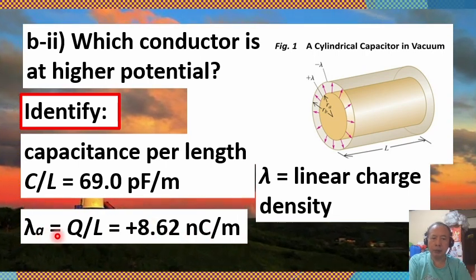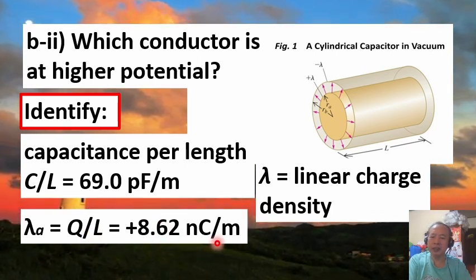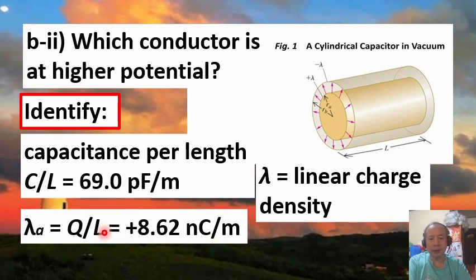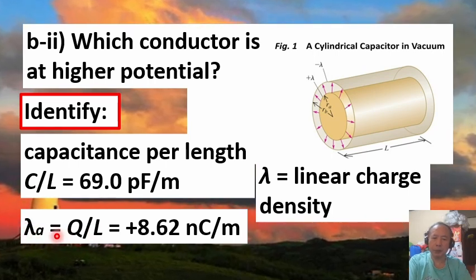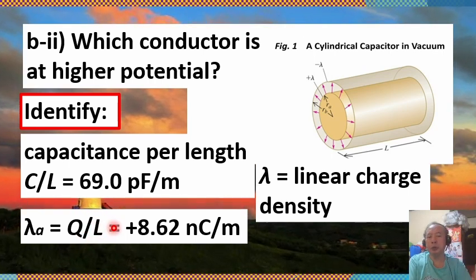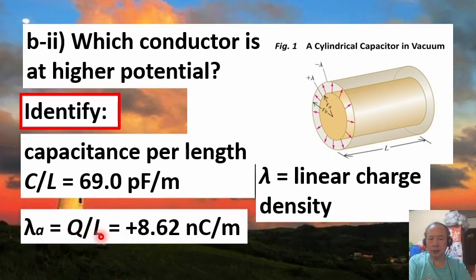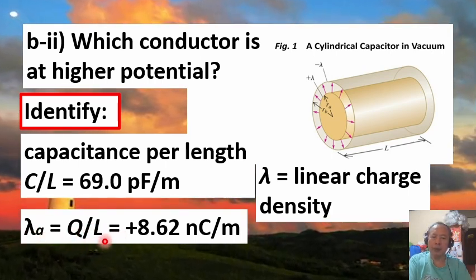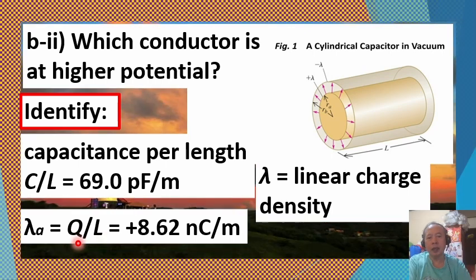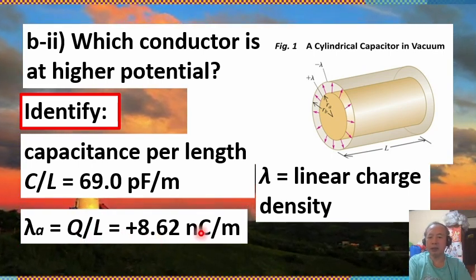But we are more interested in the linear charge density of the inner conductor, lambda sub A, which is equal to the amount of charge big Q per length. Lambda, when multiplied by the length of the cylinder, represents the amount of charge on the surface of that conductor.